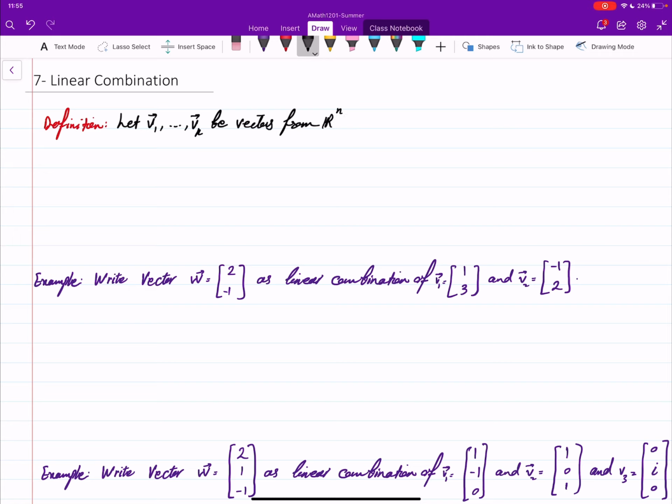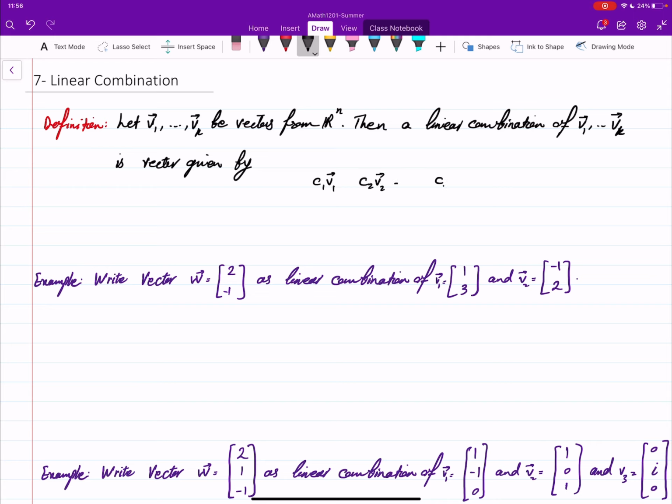Then a linear combination is a vector. So a linear combination of v1, v2 up to vk is a vector of the form: you multiply the first by a scalar, the second one by another scalar, the third one by another, and so on, the kth one with another scalar, and then add all of these vectors.